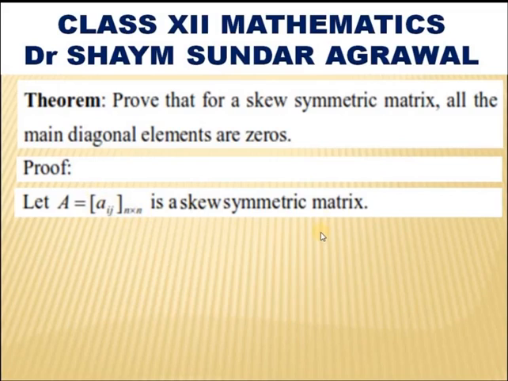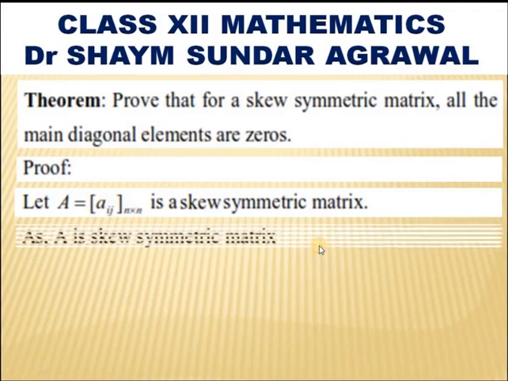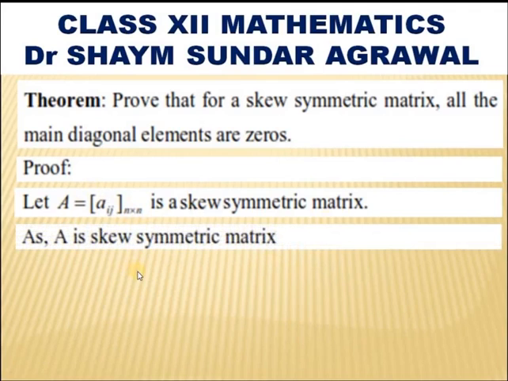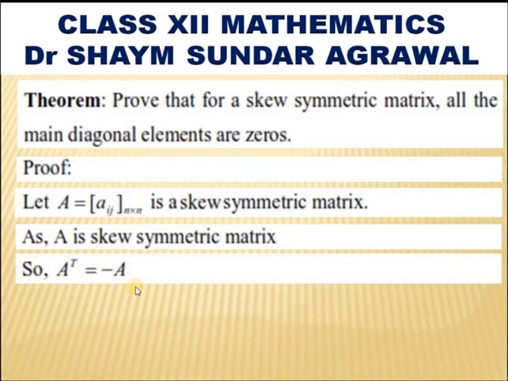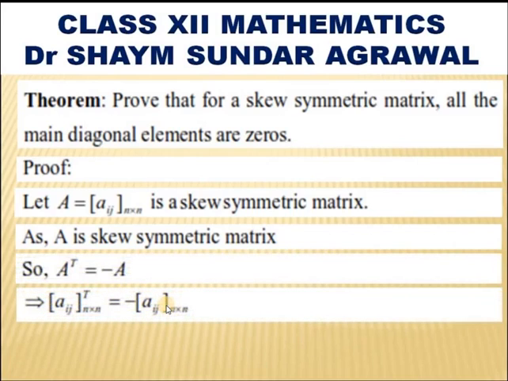We have to prove all its main diagonal elements are zeros. As per definition, if A is a skew symmetric matrix, then A transpose is equal to minus of A.